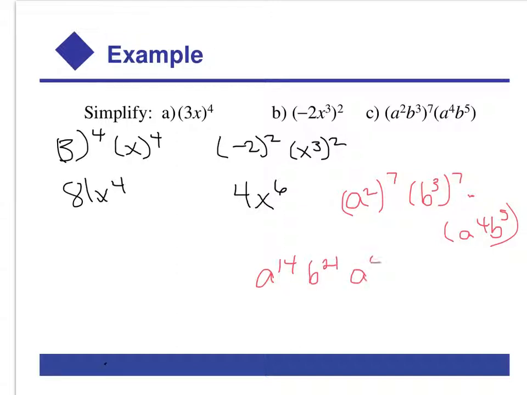Then you get times a to the 4th times b to the 5th. That's not our final answer because we can put those together. Now that they have like bases and they're all being multiplied together, you can add those. So you have a raised to the 14th and a raised to the 4th. That gives you a raised to the 18th. And then you have b to the 21st and b to the 5th. That gives you b to the 26th. And we're done.